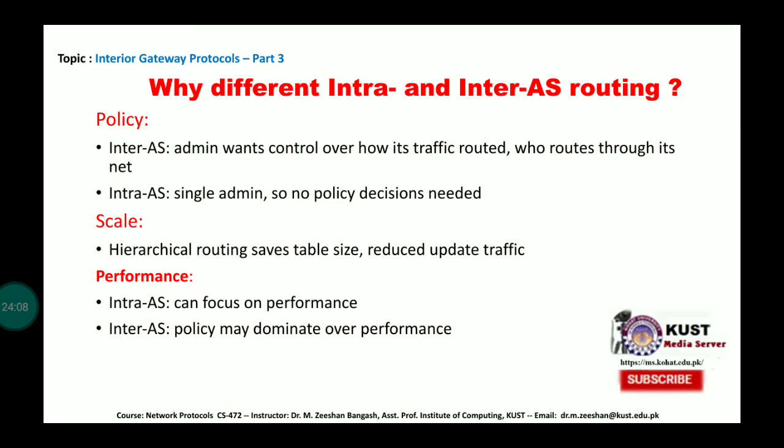However, in the case of inter-autonomous system, the policy characteristics, that is, the control over the traffic that is to be moved, dominate over the performance issues. So these are some of the differences between intra and inter autonomous system routing design and consideration.